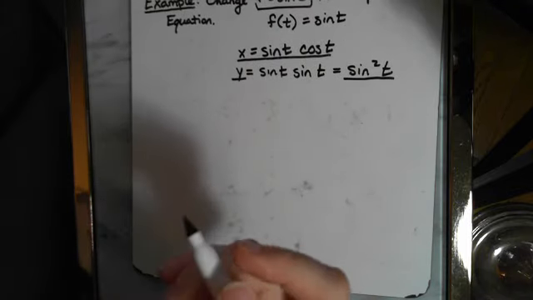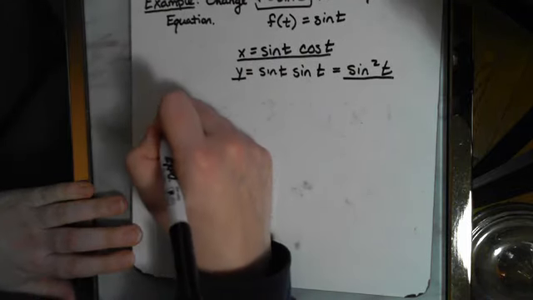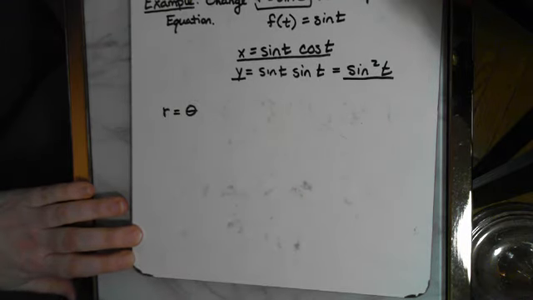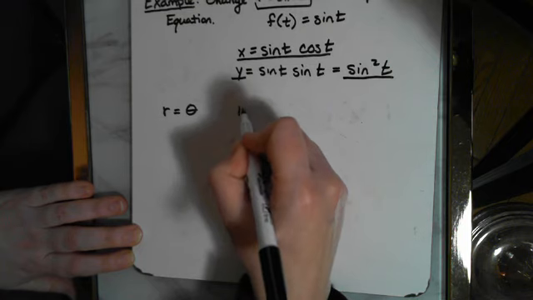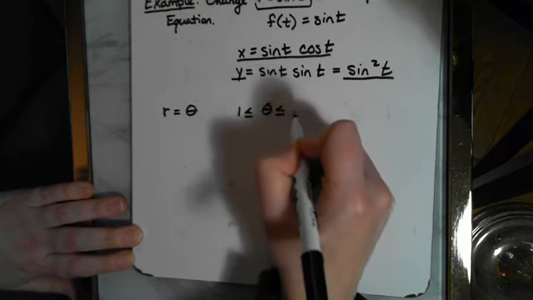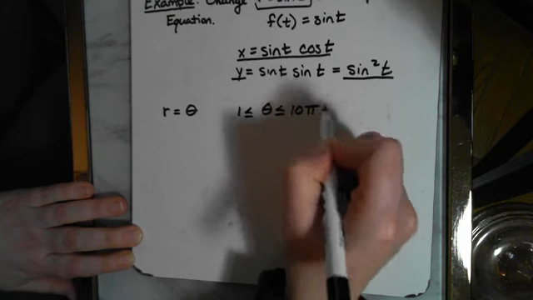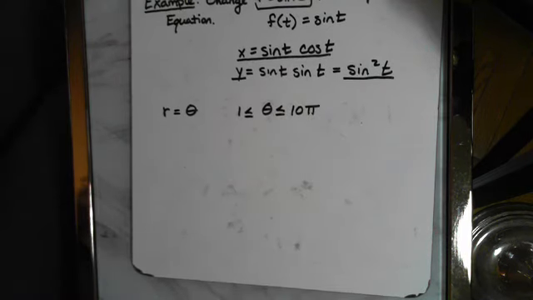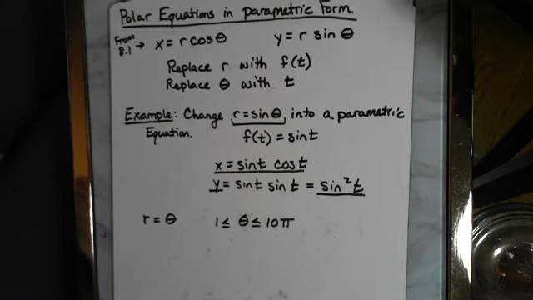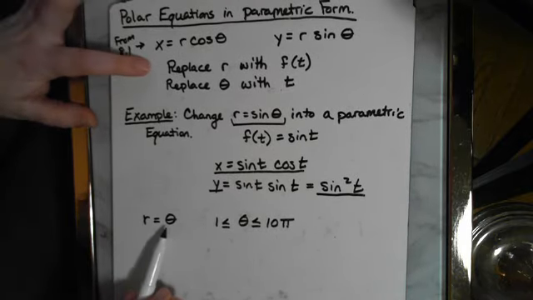Okay, they've given us the polar equation r equals theta, and they are defining that 1 is less than or equal to theta, which is less than or equal to 10 pi. Again, they want us to change this into parametric form. This is polar form.